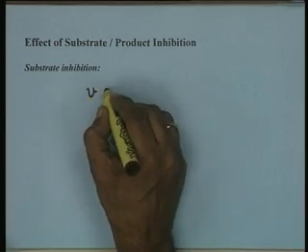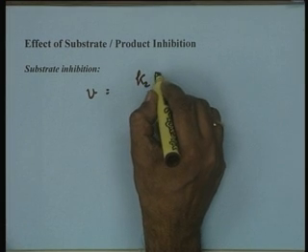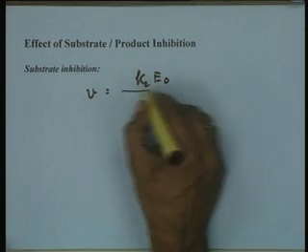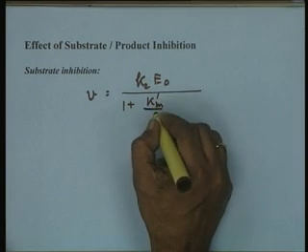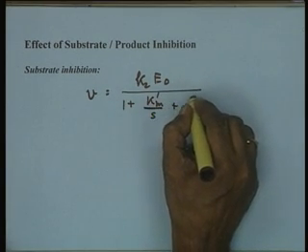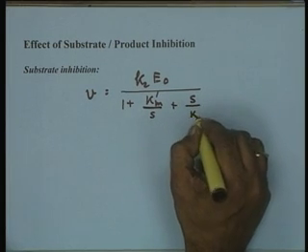And of course, all other conditions, isothermal operation, partitioning effect, diffusional limitations, are still valid; we are still talking about idealized reactors, we are only changing the kinetic part. Let us take a general case of substrate inhibition where the reaction rate is given by K2 E naught upon 1 plus K dash m upon S plus S upon Ks.